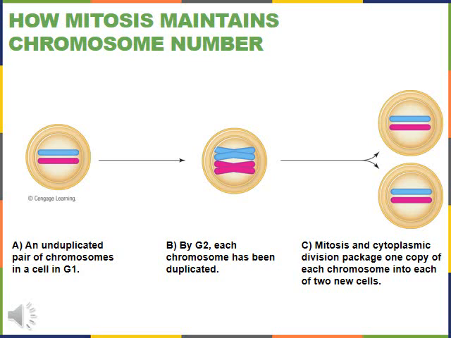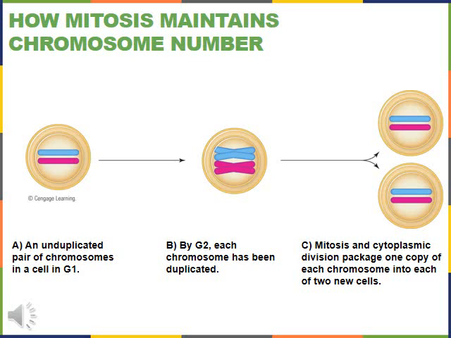This photo really shows a nice depiction of what we just talked about in the last slide. Here's your parent cell, and you can see that there are two chromosomes in there, one from your father and one from your mother. They are duplicated in the S phase.